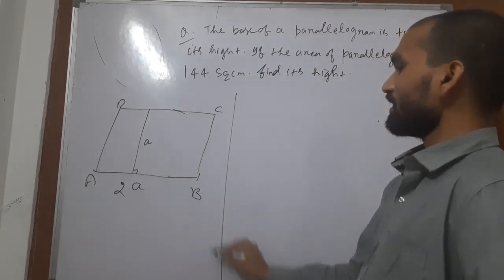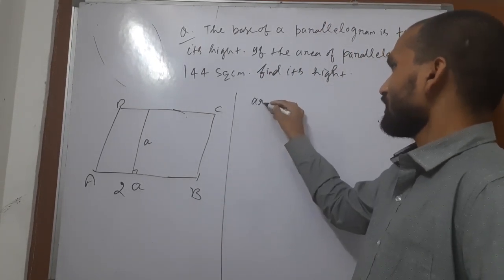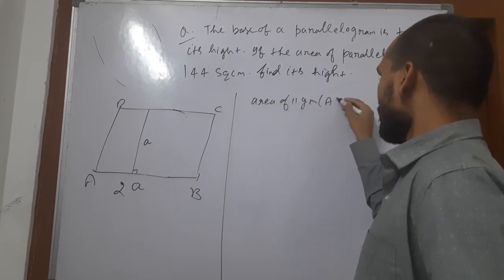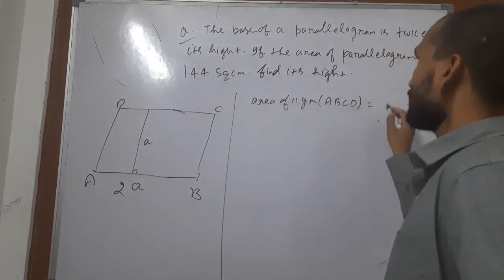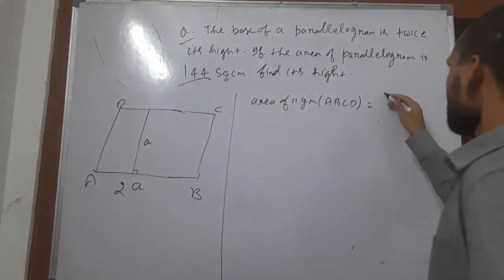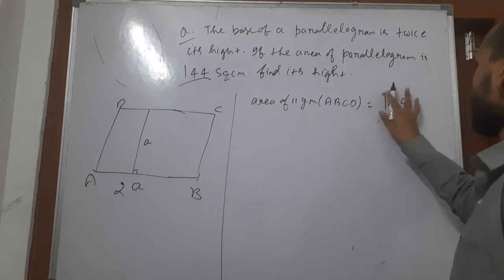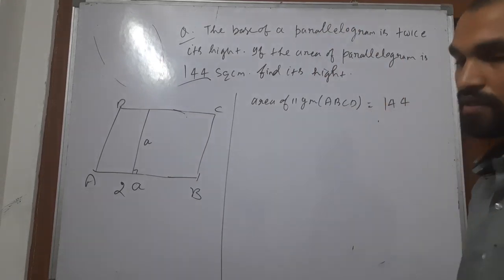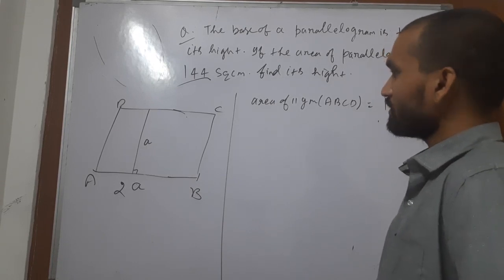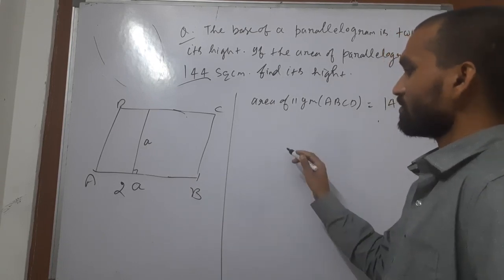So what will be the area? Area of parallelogram ABCD is given here as 144. According to the formula, area is base into height.